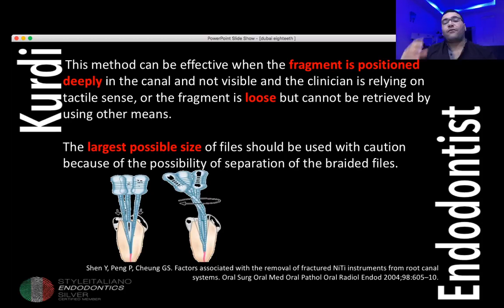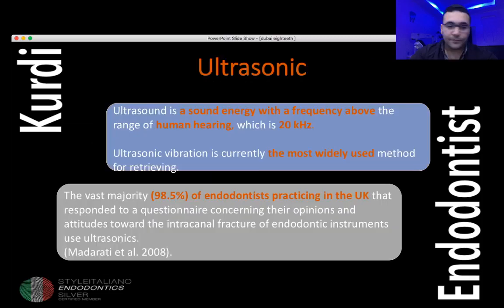So if I have, for example, a broken file or a separated file that during my separation it's a little bit pushed inside the canal in a deeper area that I cannot see or manage to take it out, I may use this technique.